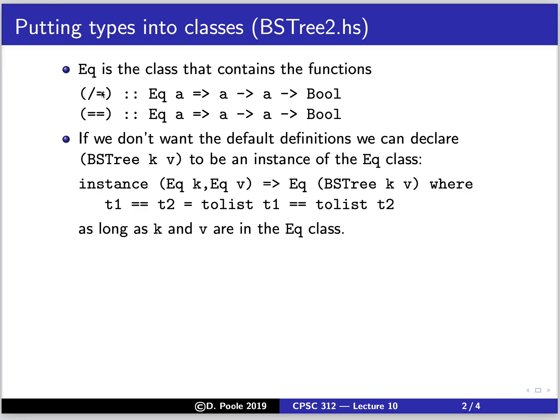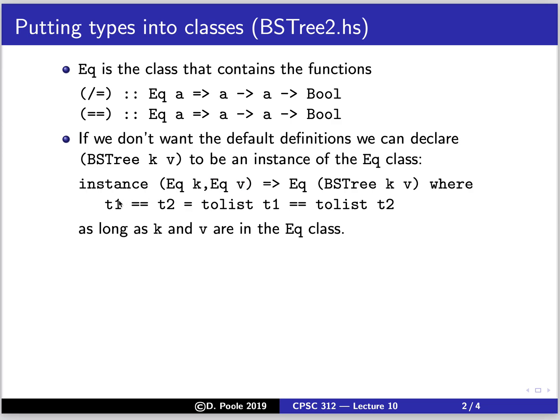So we could say that BSTree K V is an instance of the Eq class. But it's only an instance of it if K and V are in the Eq class. So this says that BSTree K V is an instance of the Eq class as long as K is an instance of the Eq class and V is an instance of the Eq class.